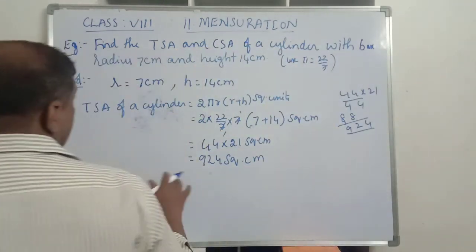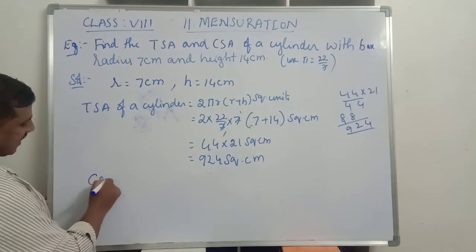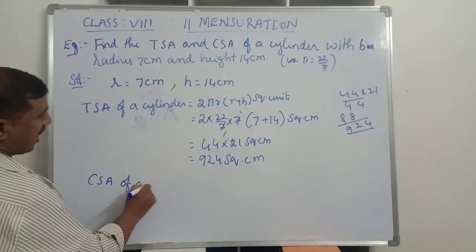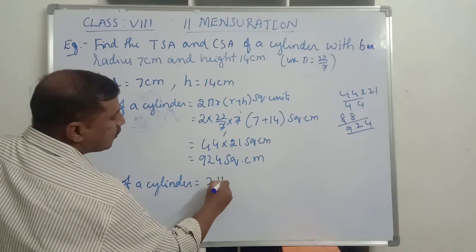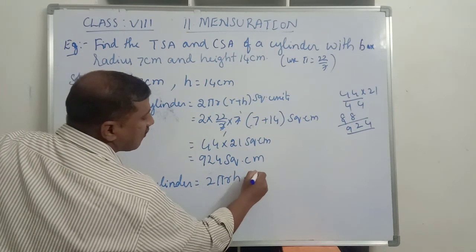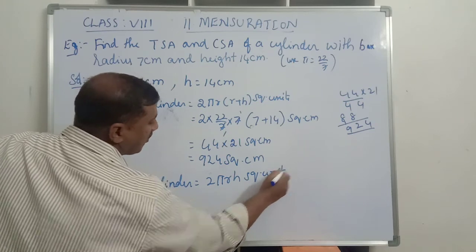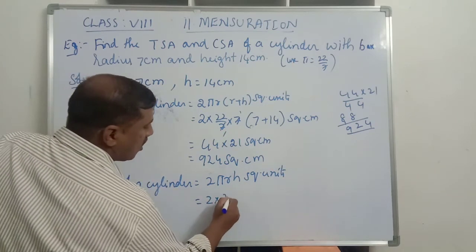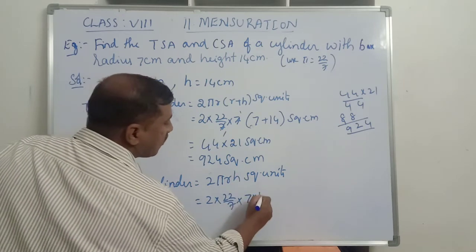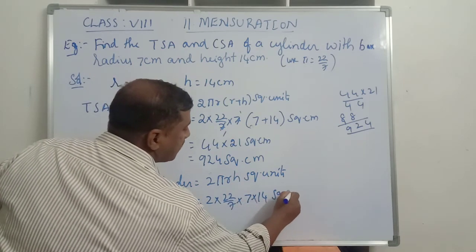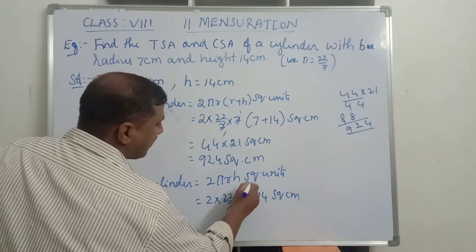Now CSA of a cylinder, that is curved surface area. CSA of a cylinder is equal to 2 pi RH square units is the formula. That is 2 into 22 by 7 into R equals 7 and height equals 14 square centimeters. 7 and 7 cancelled.